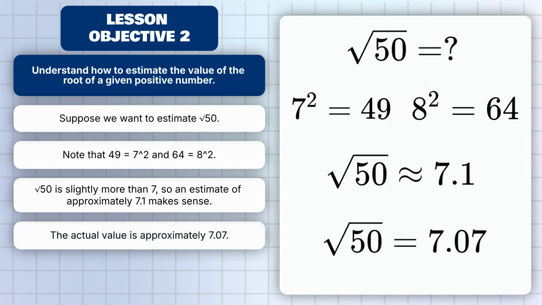We find that the actual value is approximately 7.07 to 2 decimal places, which again is very close to our estimate. By familiarizing yourself with these basic techniques, you can quickly estimate the values of powers and roots of any positive number. This will be immensely helpful when you need to approximate without a calculator.